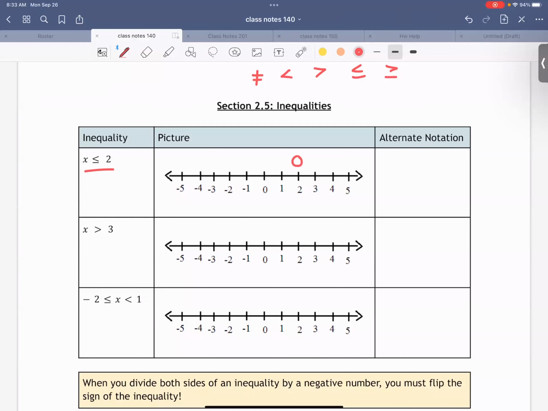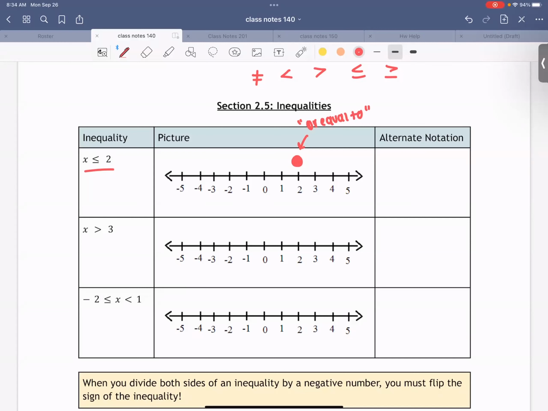And since we're less than or equal to, should I close the circle or open the circle? Close the circle, right? So I'm going to fill in the circle. And what the filled in circle means is or equal to, okay?